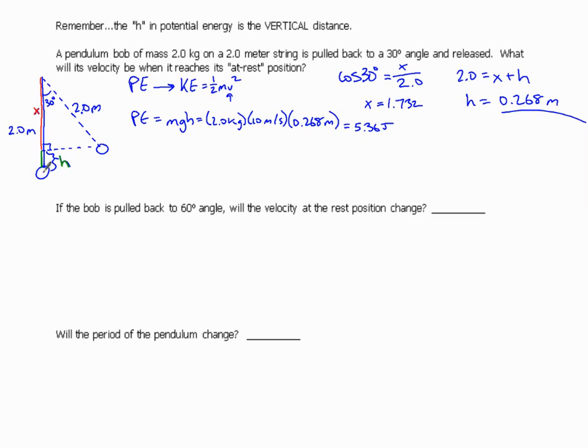Now when it gets to the bottom, 100% of that has been changed into kinetic energy. So the kinetic energy at the bottom, 5.36 joules, was 1/2 times the mass times the velocity squared.